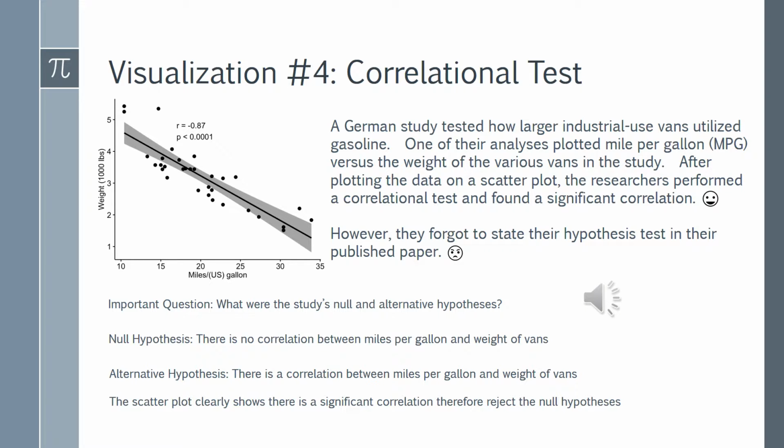After plotting the data on a scatter plot, the researchers performed a correlational test and found a significant correlation. However, they forgot to state their hypothesis test in their published paper. The question asked, what were the study null and alternative hypotheses?